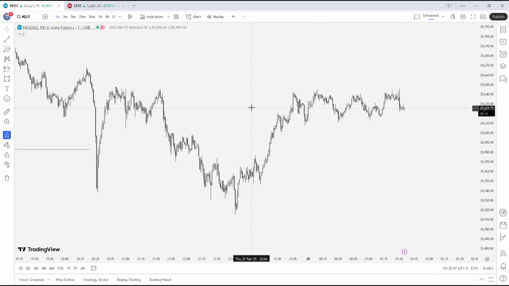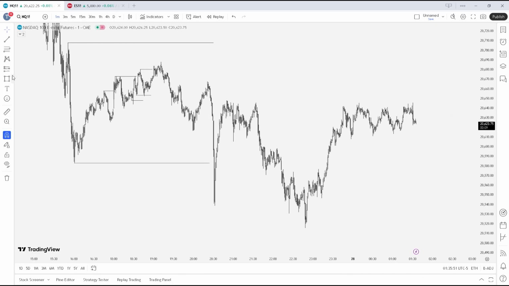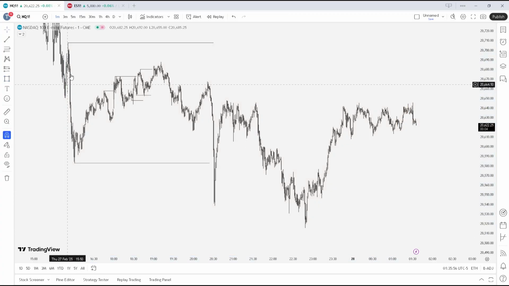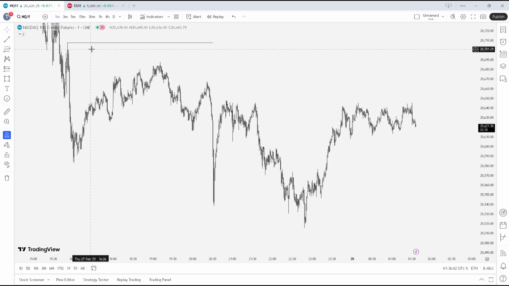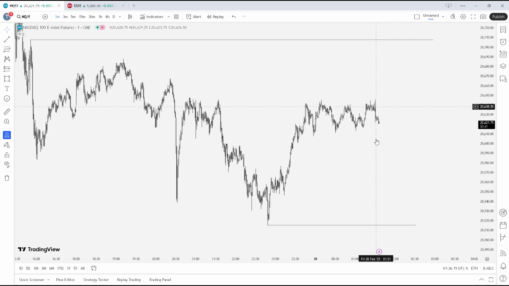So here, what we can do is we can say that our new range can be something like this entire thing, right? So this can still be the external range high, but the new external range low would be this right here. And then our range would be between these two highs and lows, and anything in between would be internal liquidity, right?